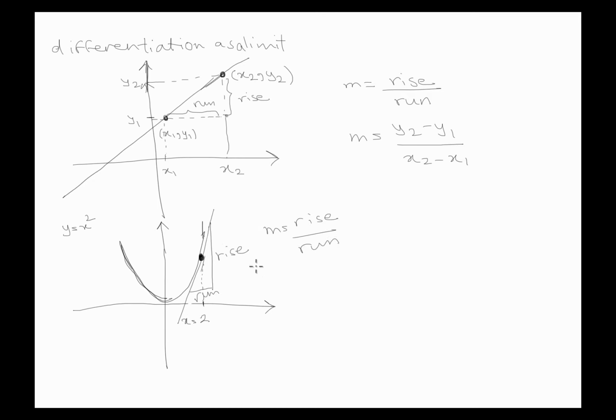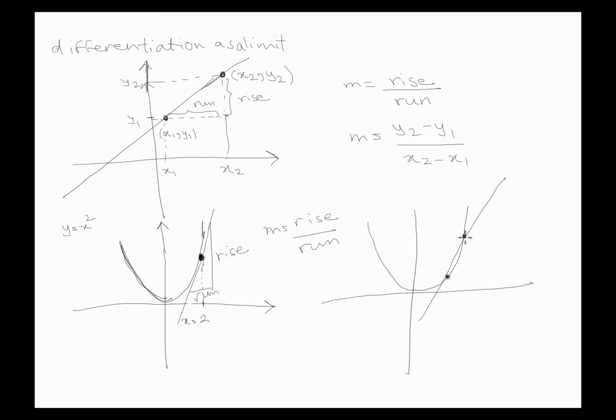But it's kind of hard for us to find the rise and run accurately. So one thing we could do is have an estimate. If this is my graph and this is my x is equal to 2, I could find another point on this graph and draw a line that goes through both of these points.